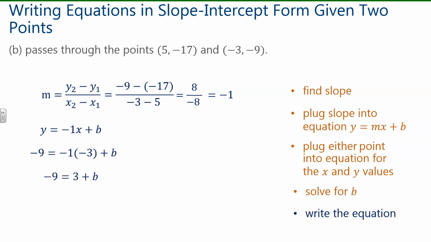So we'd have negative 9 equals 3 plus b. And bringing over that 3 to the left-hand side, making it negative 3, gives me a b value of negative 12. So now writing the equation, I would have y equals negative 1x, or simply negative x, minus 12.